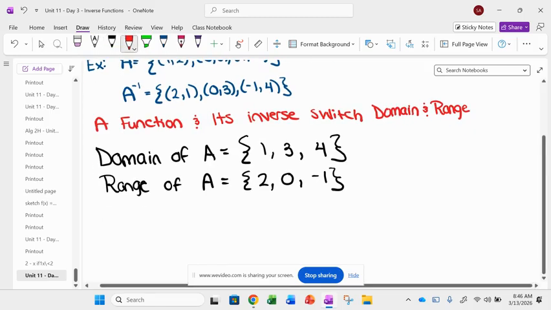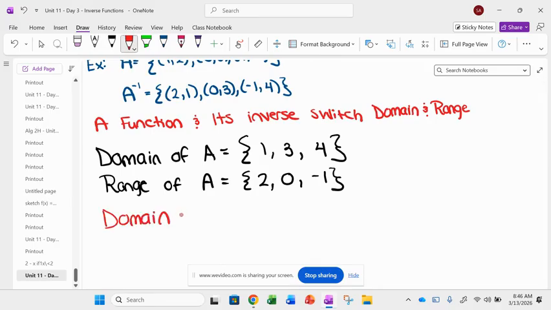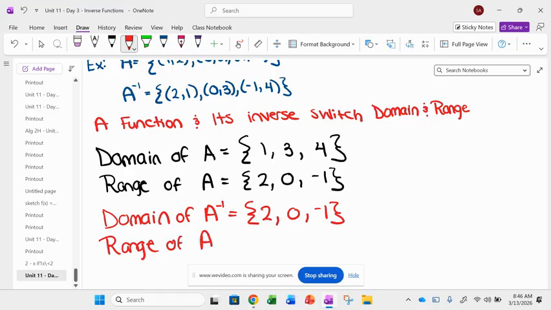Now, if we look, the domain of the inverse of A is 2, 0, negative 1. And the range of the inverse of A is 1, 3, 4. So I'll give you a second to write that down, and then I'll recap.